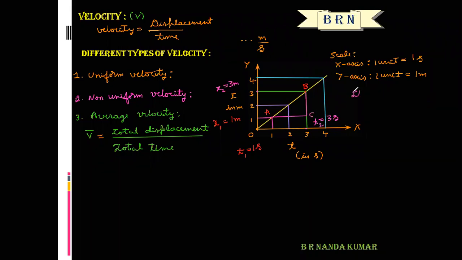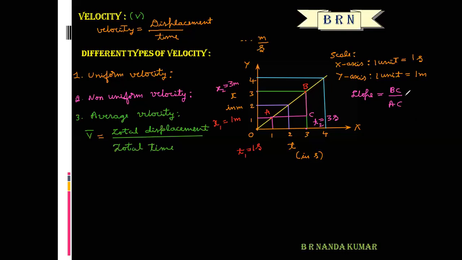Okay, slope is the ratio of vertical distance, that is BC, divided by horizontal distance, that is AC. That is the meaning of slope.